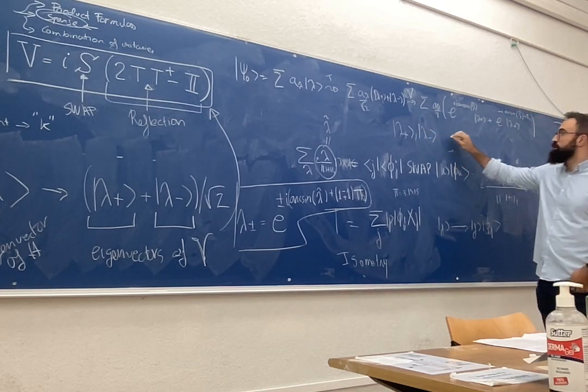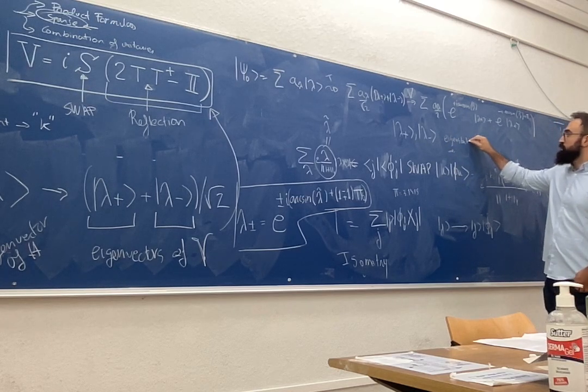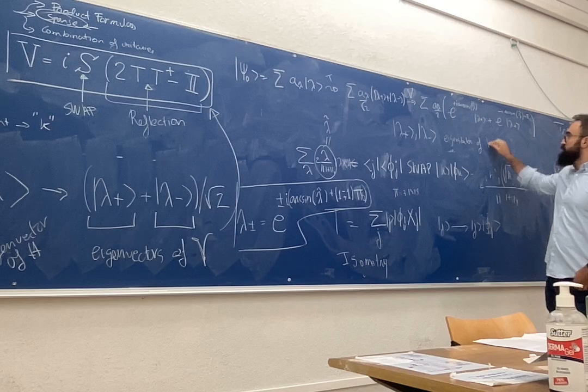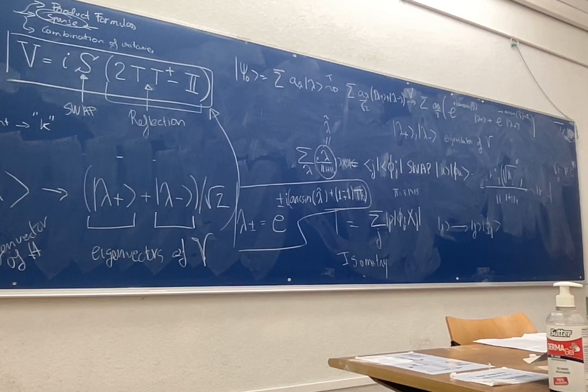No, the eigenstates of H are transformed into eigenstates of V through the isometry. I mean, they're each a superposition, and each one is an eigenstate.